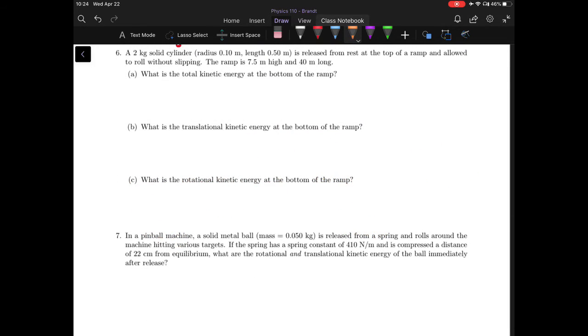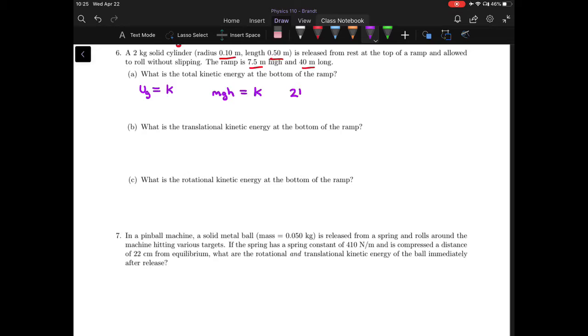Problem 6 on the handout, or workout 2. Once again, we're using our conservation of energy, so we know the gravitational energy at the top of the ramp has to be equal to the kinetic energy at the bottom of the ramp. So in this case, we have mgh has to equal our kinetic energy.